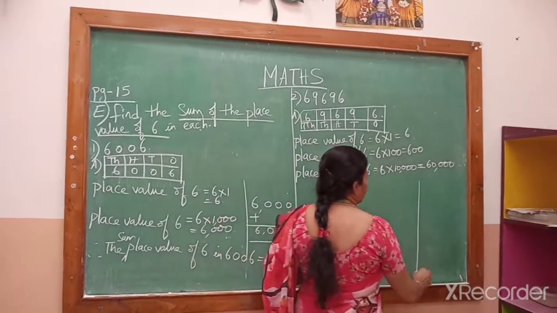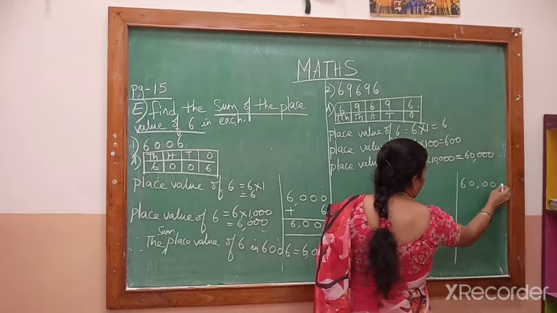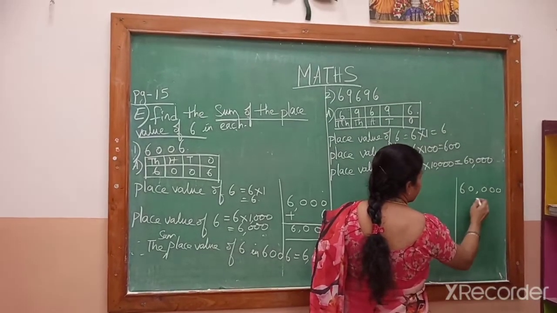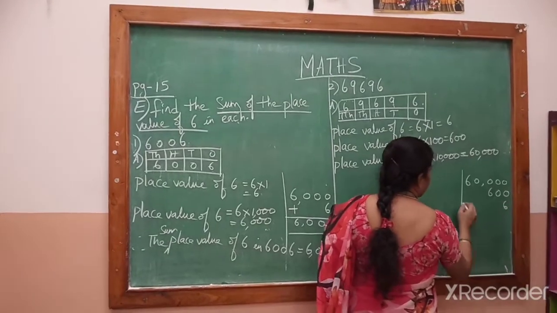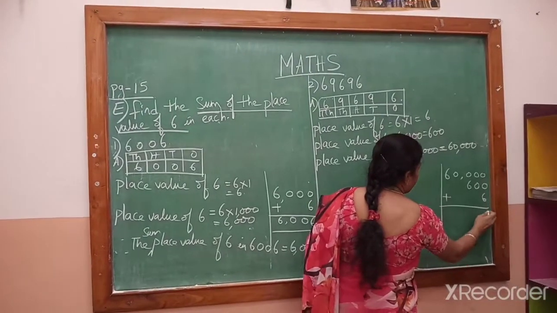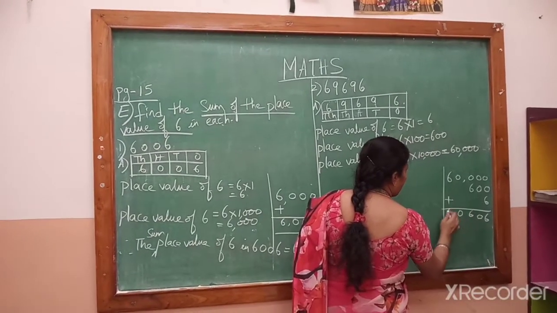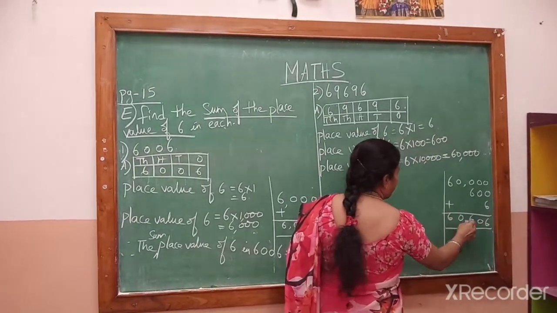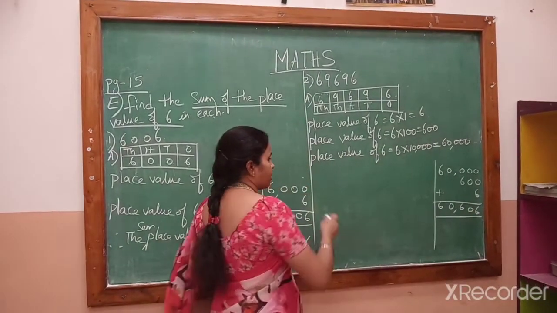So there we have to find the sum of these places. Now add all the three places. 60,000 plus 600 plus 6. Now add all that. 6, 0, 6, 0, 6. So what we got here? 60,606.